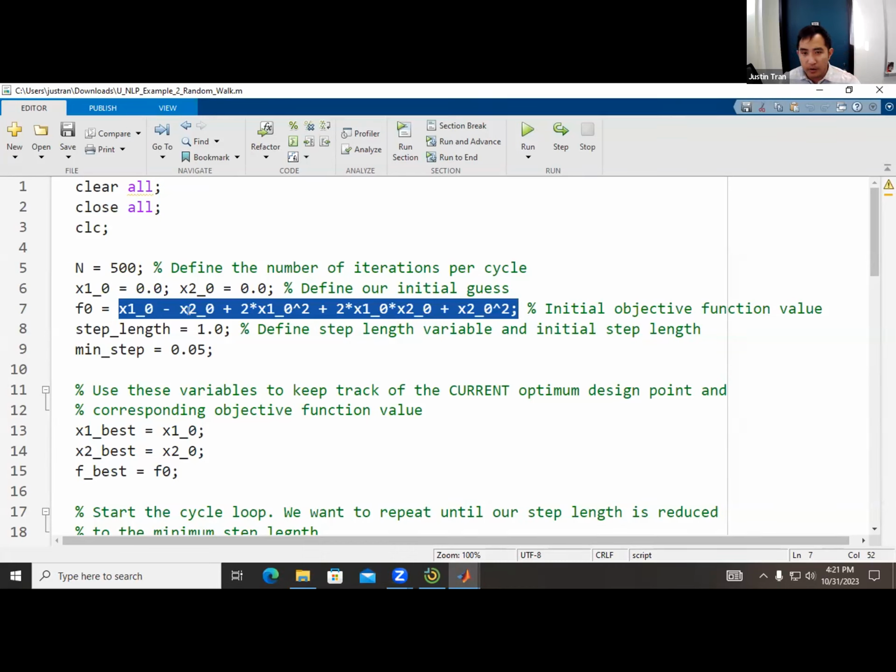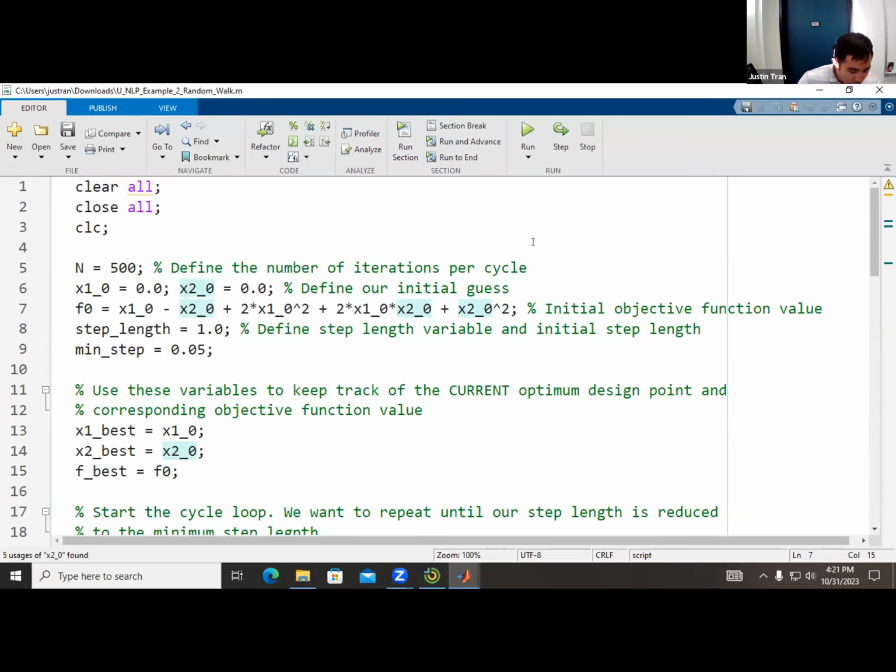Our objective function is x1 minus x2 plus x1 squared plus 2x1x2 plus x2 squared. We want to find the minimum of this objective function, and in this case, we're going to use random walk.